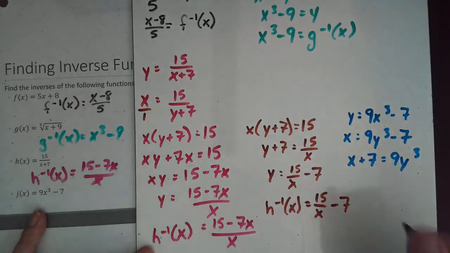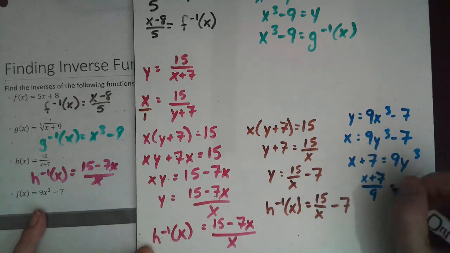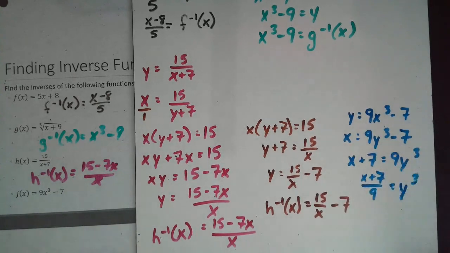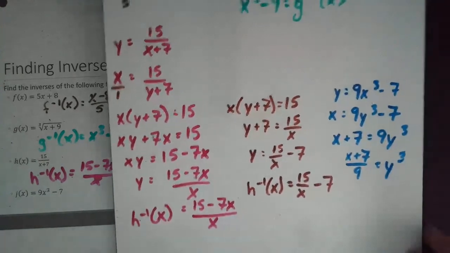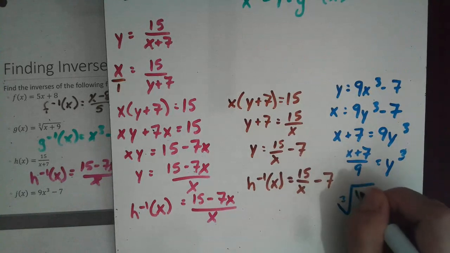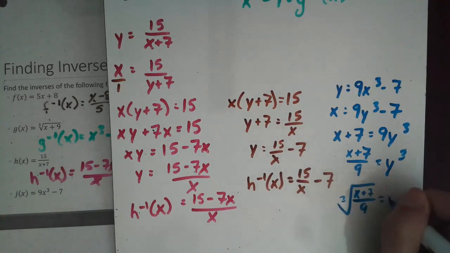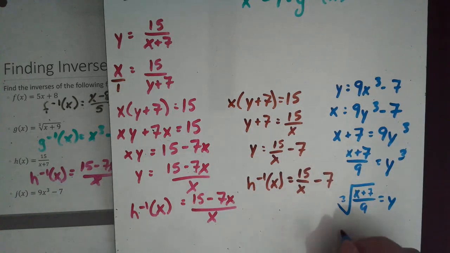I can divide both sides by 9, and x plus 7 over 9 is equal to y cubed. And to get the y completely alone, I need to take the cubed root of both sides. So I will get the cubed root of x plus 7 over 9 is equal to y. And then I just need to put it in my inverse function notation.